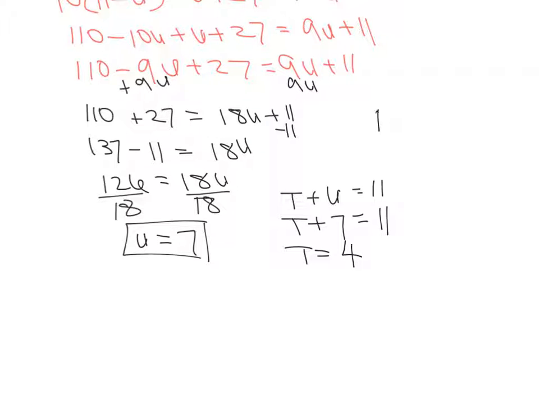So my number has got to be 47. My tens and my units added up give me 11. If they're reversed and it's 74, 74 is 27 greater than 47. So everything works there.